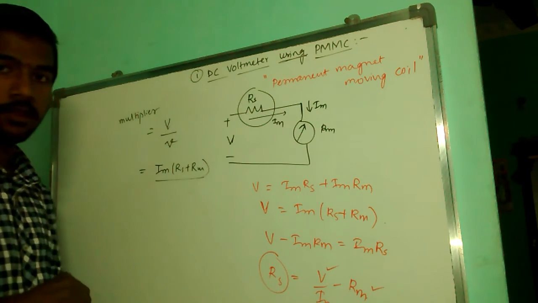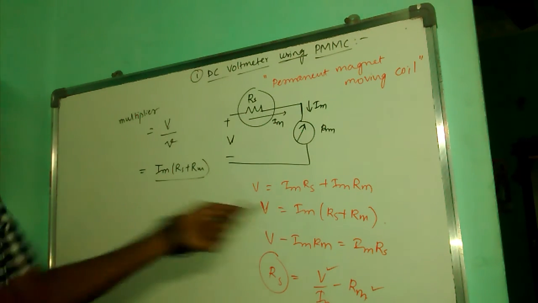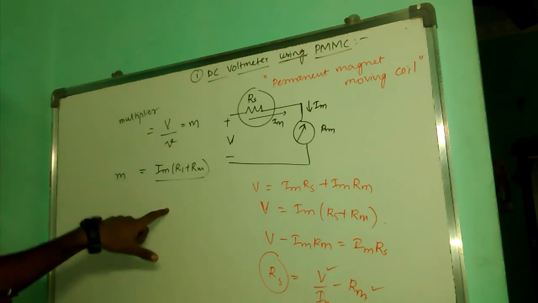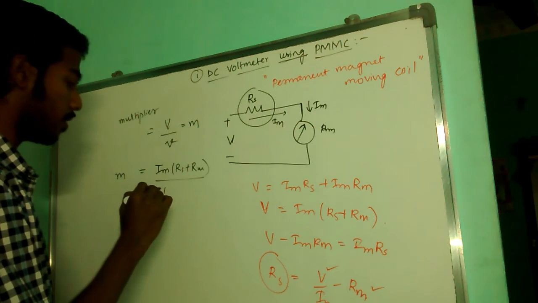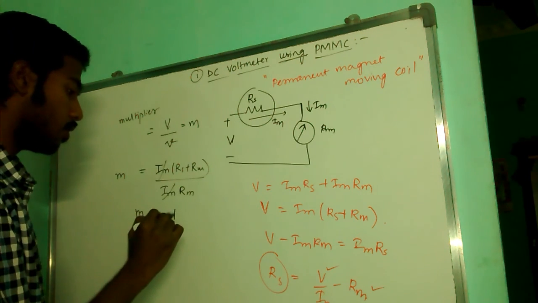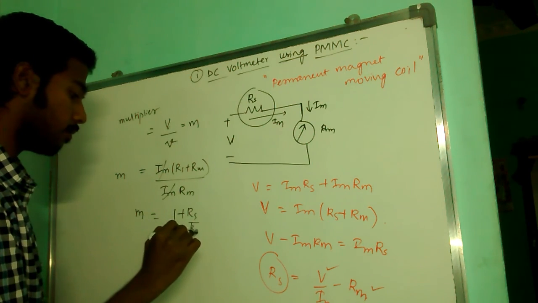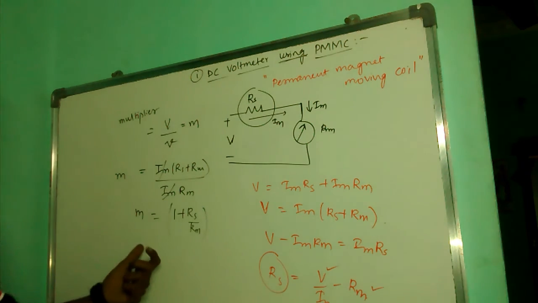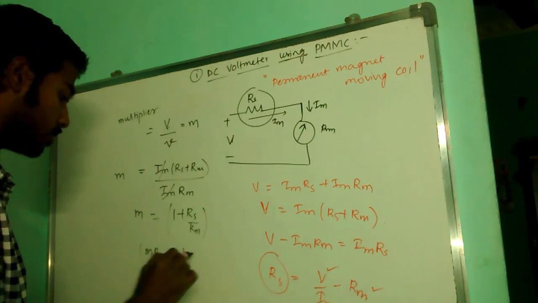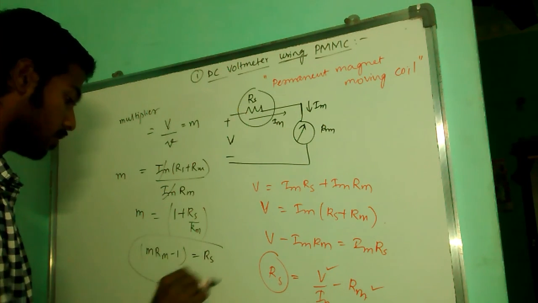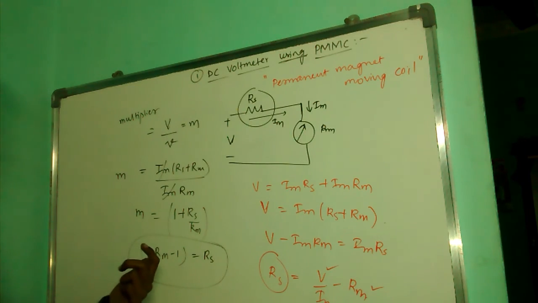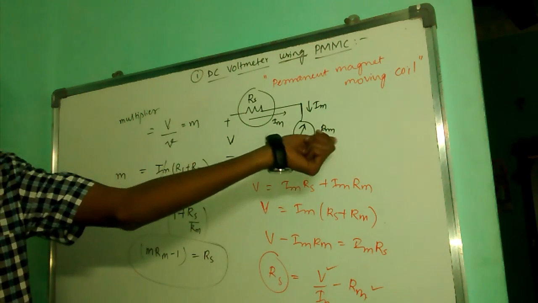Cancelling Im, m equals 1 plus Rs by Rm is the multiplying factor. This can also be written as m minus 1 into Rm equals Rs. In this way also we can find Rs, if they give the multiplying factor and the resistance of the meter.